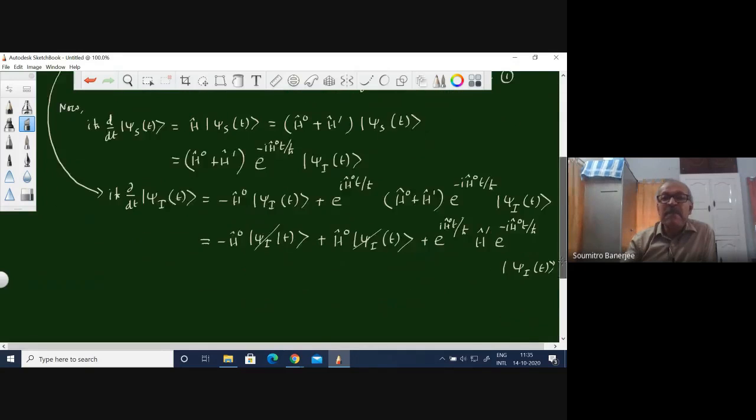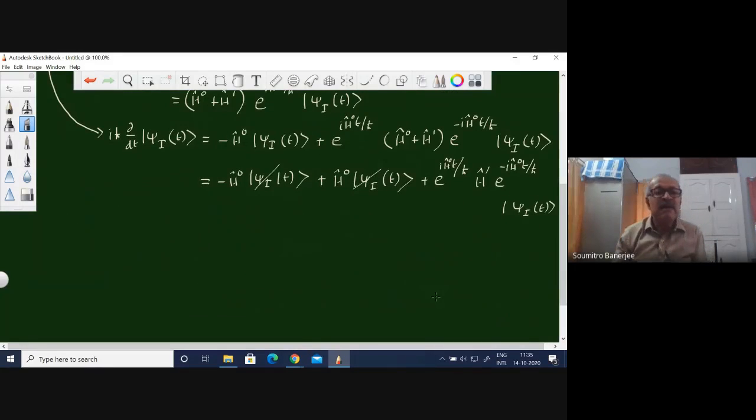Okay. Notice what we have achieved is that the left hand side looks like the way the Schrodinger equation would look for the interaction picture psi. In the right hand side, I have this whole thing operating on the interaction picture psi.